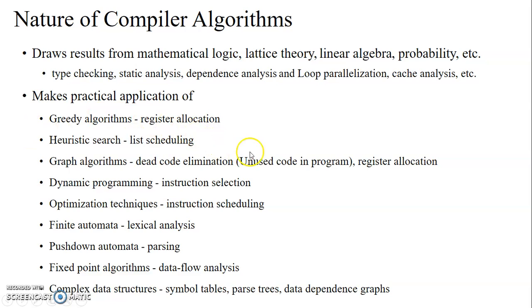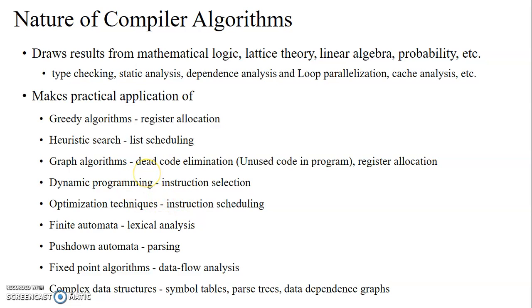Again, graph algorithms can be used in register allocation to the program, and dynamic programming can be used in instruction selection. We have the set of instructions in the program and also in the computer hardware, so it can be done by dynamic programming algorithms.